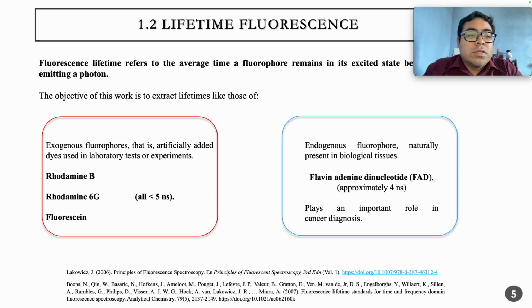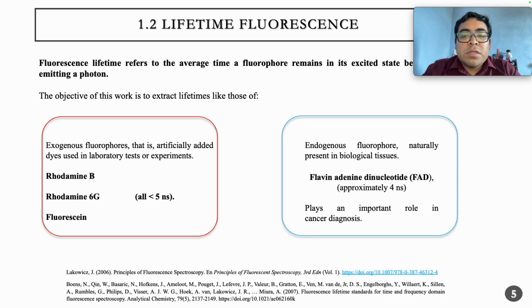lifetimes like those of, on the left side, the exogenous fluorophores, which are artificially added in laboratory tests and experiments. Among them are rhodamine B, rhodamine 6G, and fluorescein. On the right side, we have the endogenous fluorophores, naturally present in biological tissues and used for cancer diagnosis, like FAD.